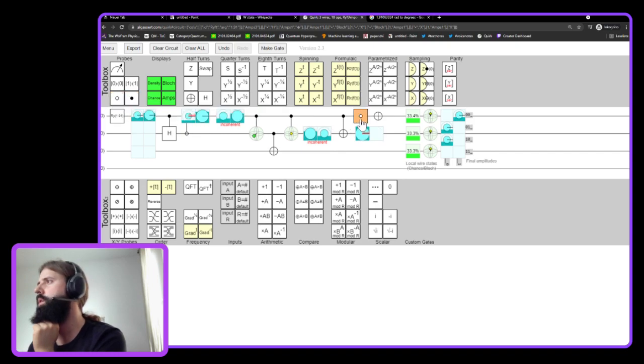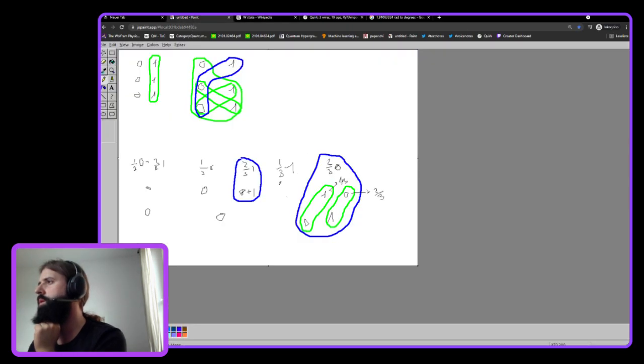Well, that makes sense, right? Because we know that it's 0. So this is before the NOT. Then this has got to be 0. Do we know that? Hmm.